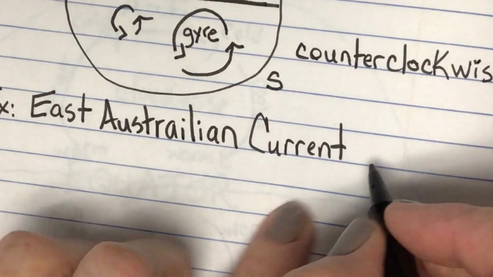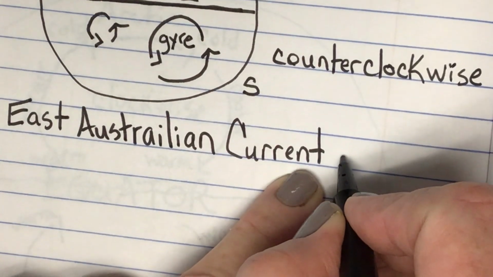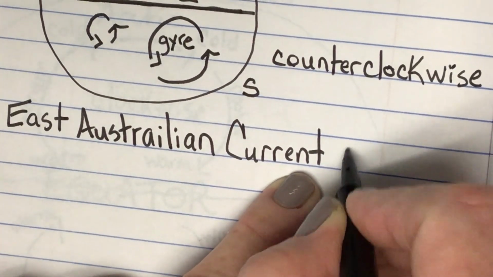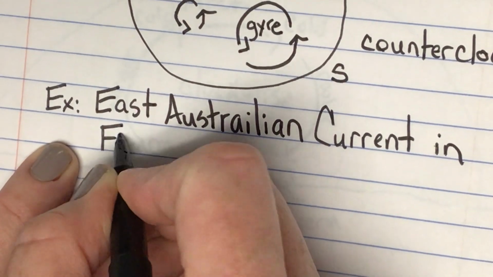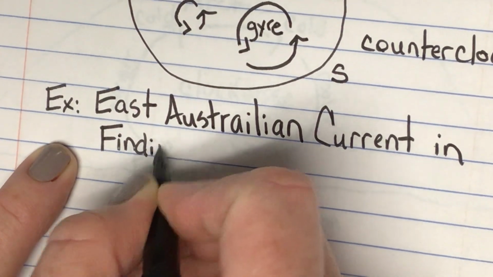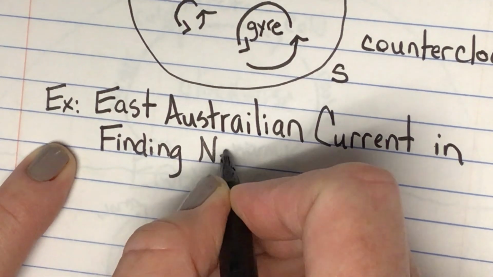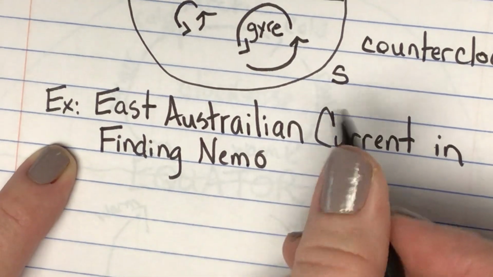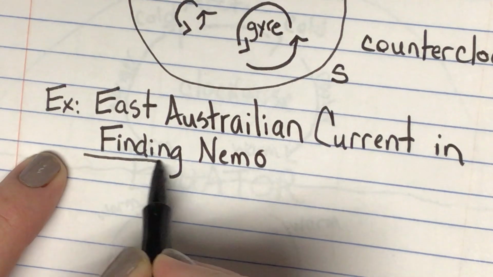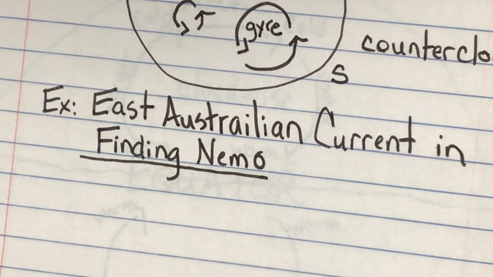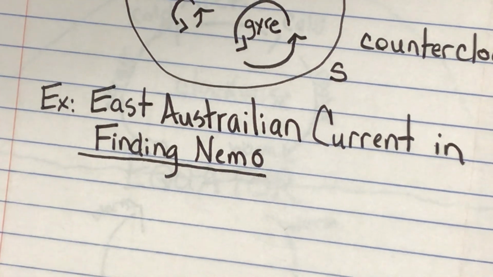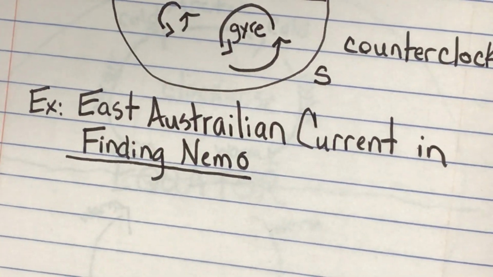So we'll just put the East Australian Current in Finding Nemo. Do you guys know what to do with movie titles if you're handwriting? Capitalize number one, and then we're going to underline movie titles. Nod your head if you got that.